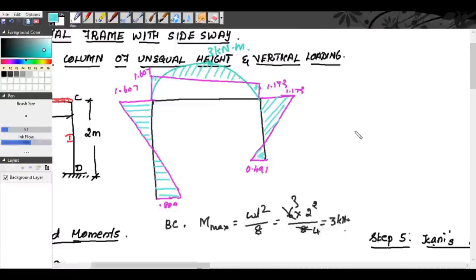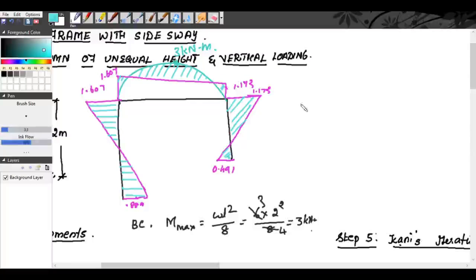From this, when we draw the deflection diagram, with 1.607 and 1.173, this will move towards here. And we will have the deformation like this.